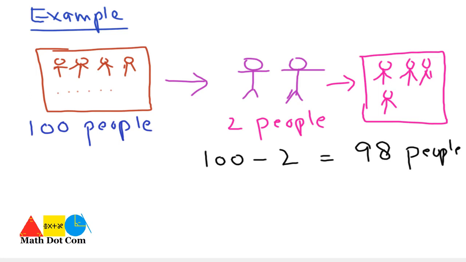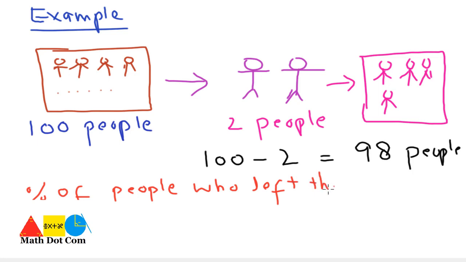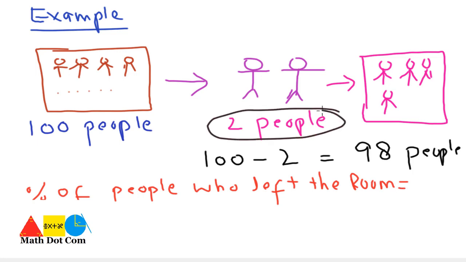Let's see the percentage of people who left the room. It is clear that two people have left, so out of 100, 2% of the people have left the room.